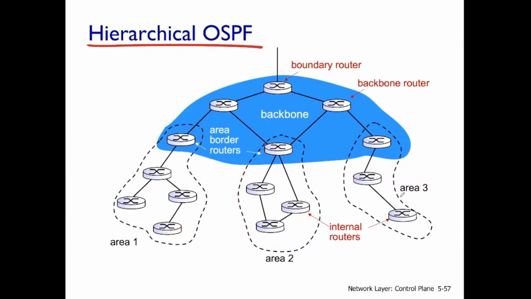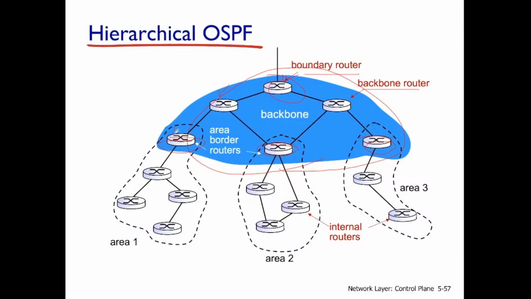Then at the higher level, in the backbone of this AS, we could also have multiple routers configured. These are called the backbone routers in general. Some of these backbone routers might be at the border of the AS; they are also the boundary routers. Some of these backbone routers are also the managers of the areas.